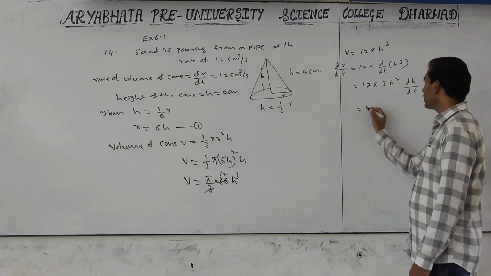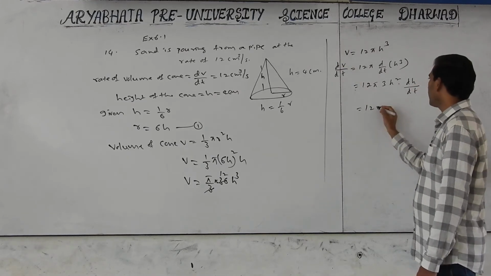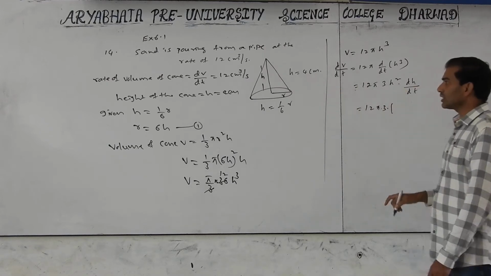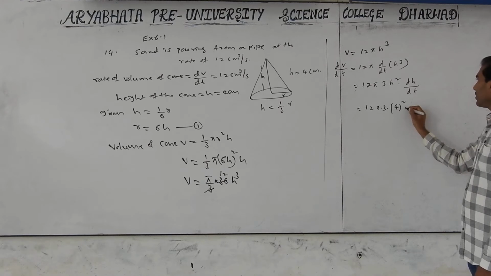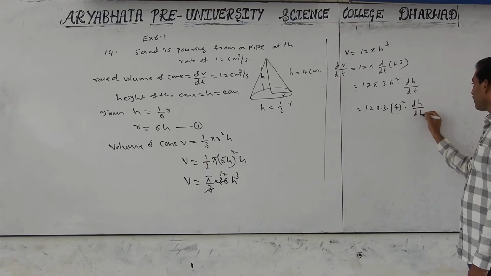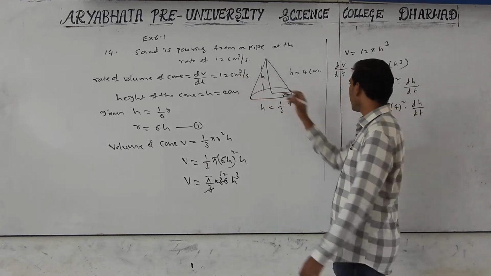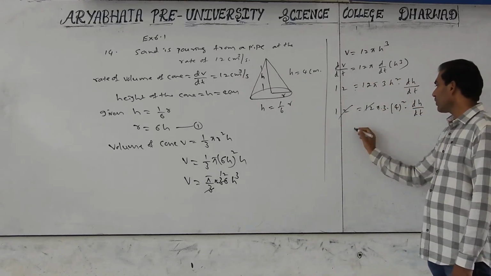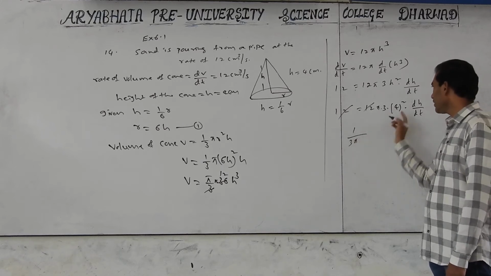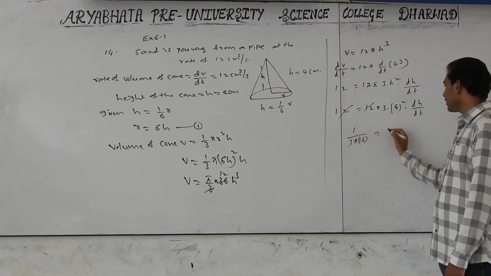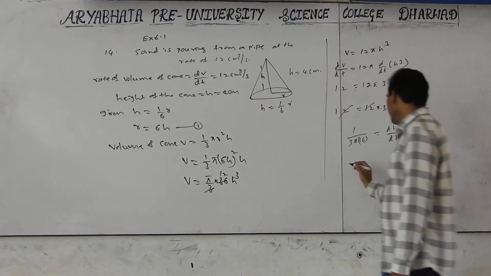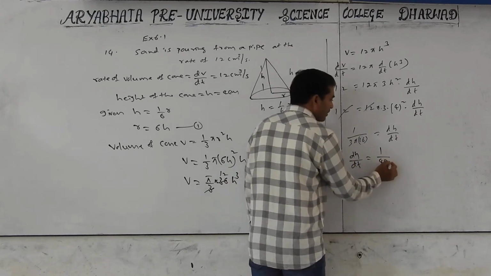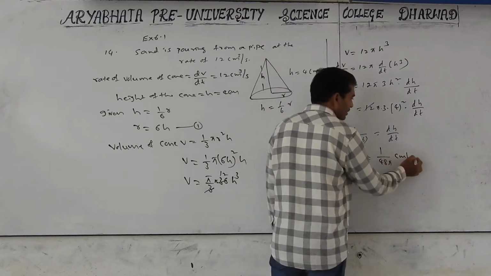So this is equal to 12 pi into 3h square, where h is equal to 4 centimeters, 4 square, into dh by dt, which we don't know. dV by dt is given as 12. This gets cancelled. So 1/3 pi into 4 square, 16, equal to dh by dt. Therefore dh by dt equal to 1 by 48 pi centimeter per second.